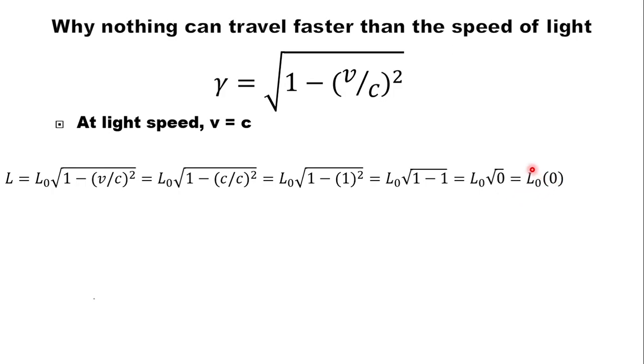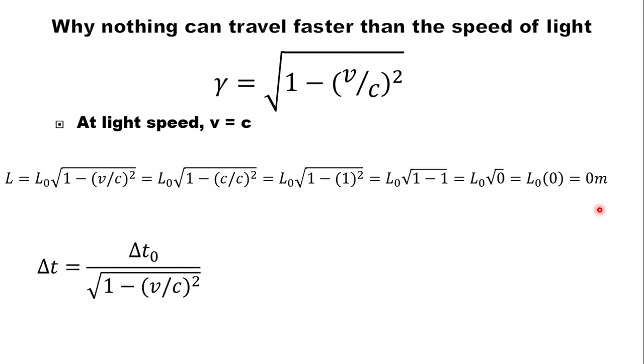So the new length that we're going to have will be the rest length times 0. And anything times 0 is 0. Everything at the speed of light reduces to a length of 0. And as far as time goes, again, we have this equation for time dilation.